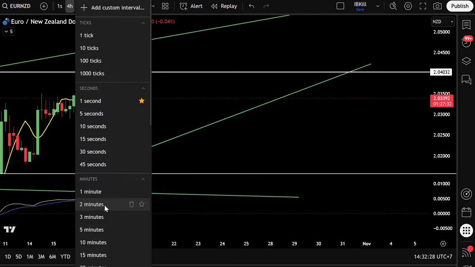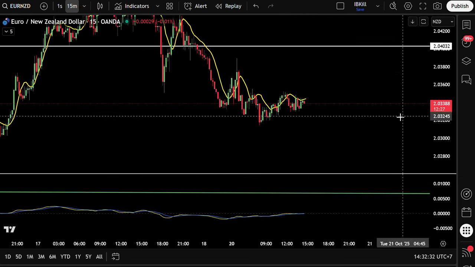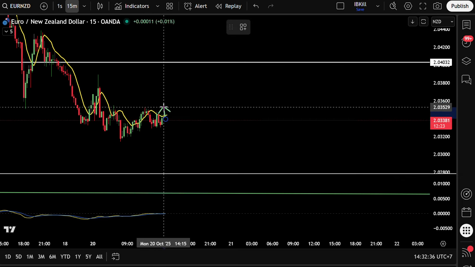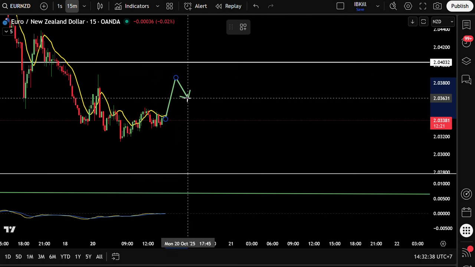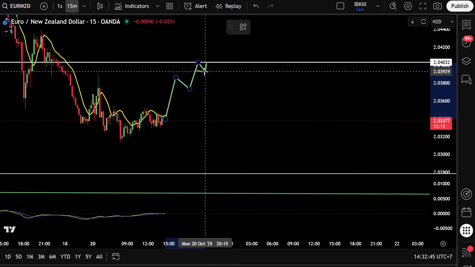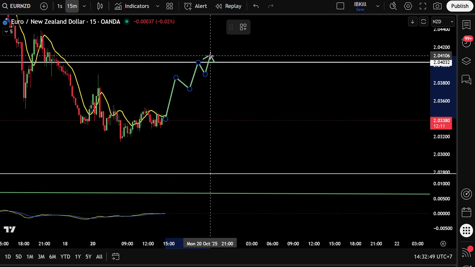What I want to see on a 5 or 15-minute chart is this. We want to see price breaking up higher, up towards the 203,900, 204, and then we get one initial reaction at it, followed by a pop higher on fading momentum.